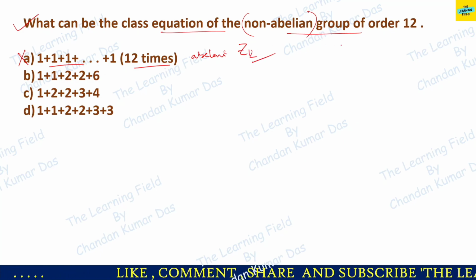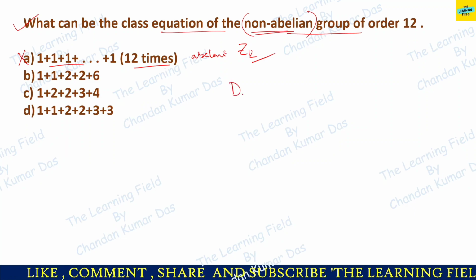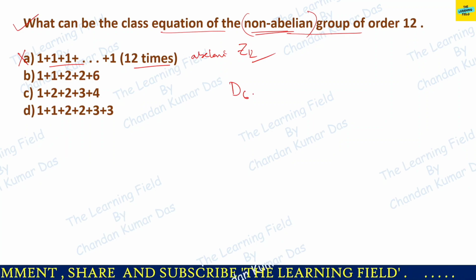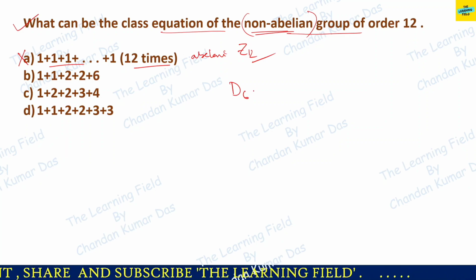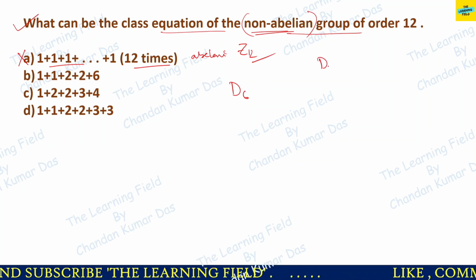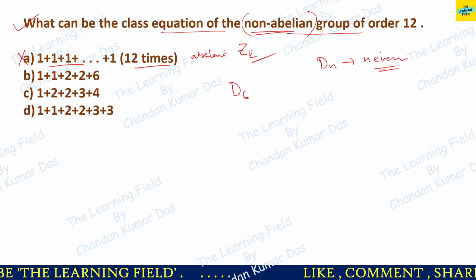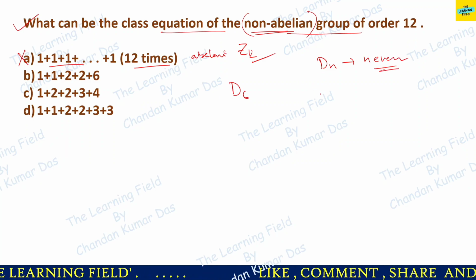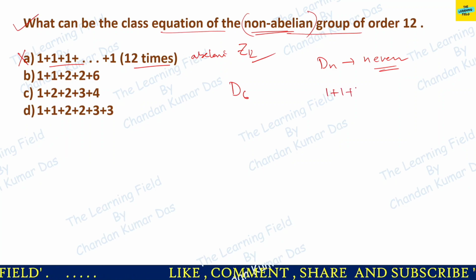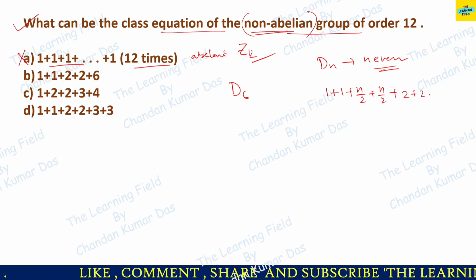Now we can take this non-abelian group of order 12, which means the group is D6. So we have to find basically the class equation of D6, and since here D6, that is Dn and n is even, what is the class equation? If we recall this, the class equation is 1 plus 1 plus n by 2 plus n by 2 plus the remaining are 2.